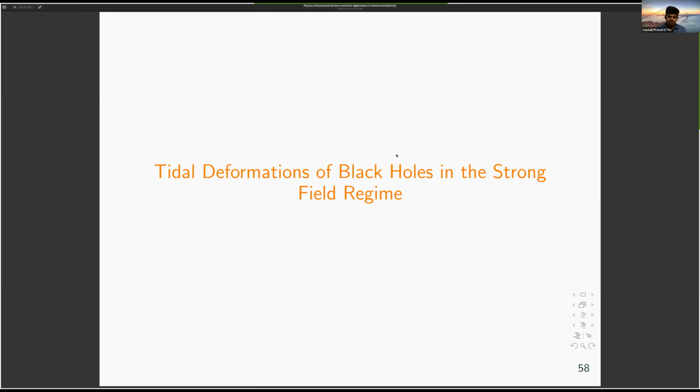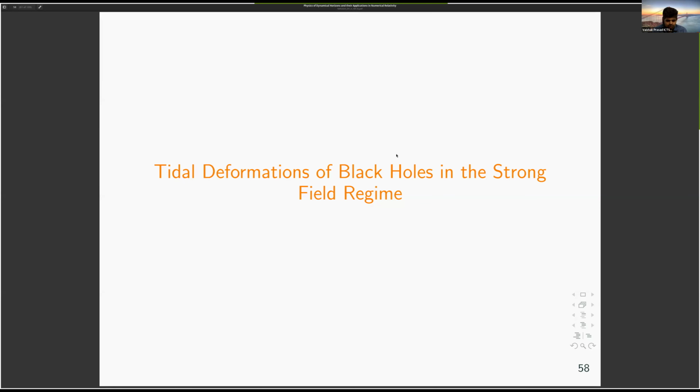Okay, now I would like to move on to another problem which I've been trying to investigate in the past few years, which is in connection with tidal deformations of black holes. You all may have heard that non-spinning black holes do not deform.